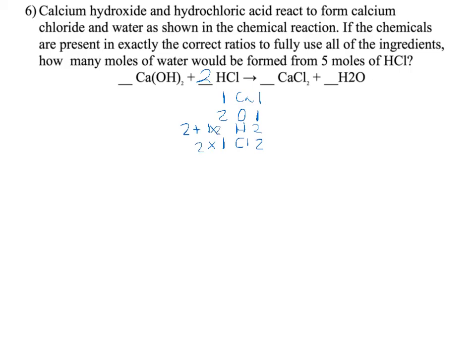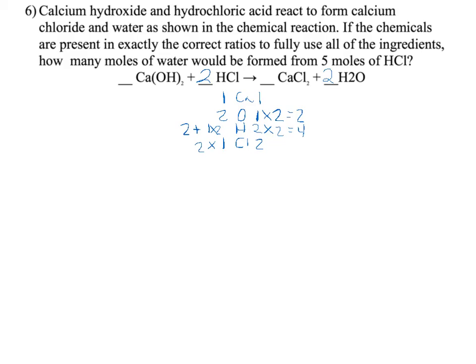So we balanced our chlorines, and the next thing to do is our oxygens. We have 2 oxygens on our reactant side, and we only have 1 on the product side. So we'll multiply our product side by 2, which means we have to put a coefficient in front up here, which means that everything in this compound gets multiplied by 2, so these hydrogens also get multiplied by 2. So now we have 4 hydrogens on the product side.